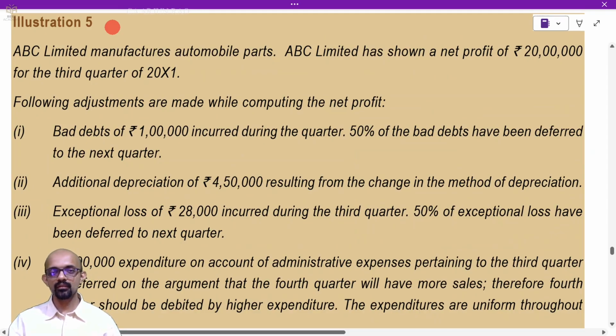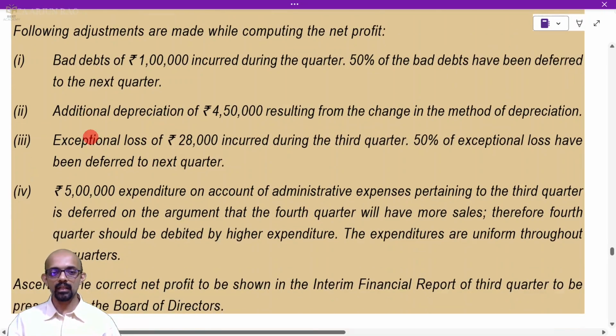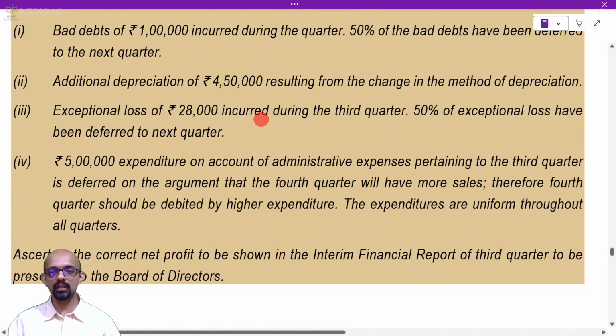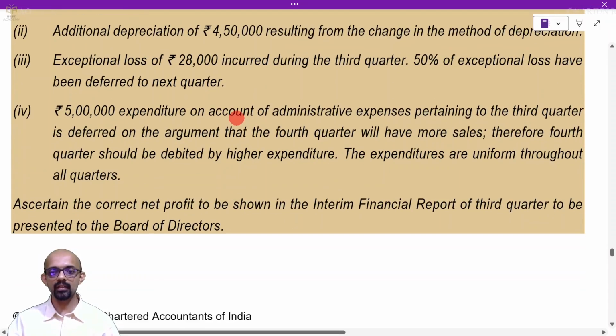So, in illustration 5, certain expenses have not been recognized in that quarter. You just have to adjust the wrong net profit for all those expenses. Bad debts incurred but 50% deferred, and then exceptional loss incurred, 50% again deferred, and then administrative expenses again deferred because the fourth quarter will have more sales.